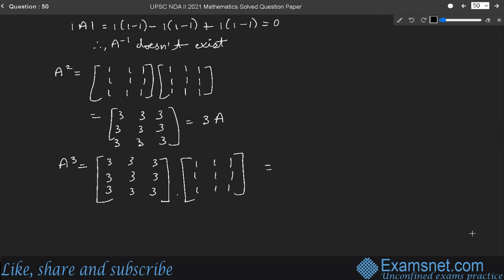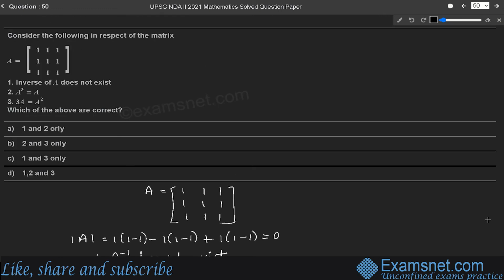So on further solving we will get 9 9 9, again 9 9 9 and 9 9 9. So this is the value of A cube and this is the value of A square. You can see that A cube is not equal to A. So we can say that the first and third statements are correct for this question. Therefore the correct option will be 1 and 3 only.